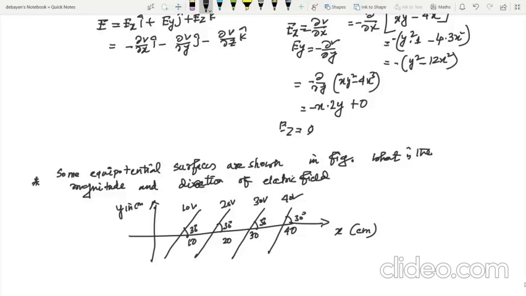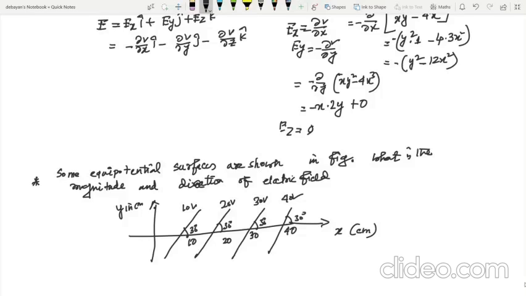The question is, you have to find the field intensity if, say, potential V is equals to minus kxy, where k is greater than 0, and draw the field pattern.